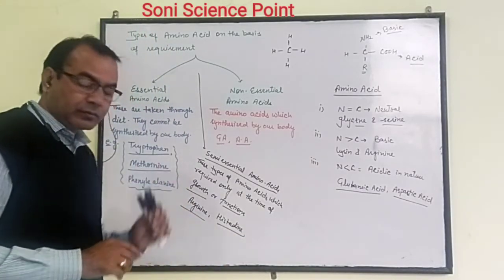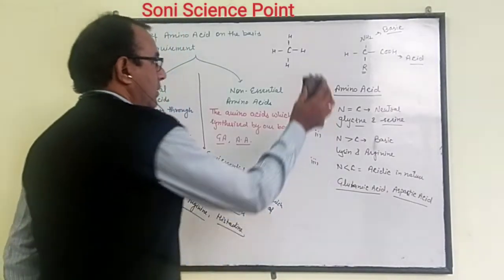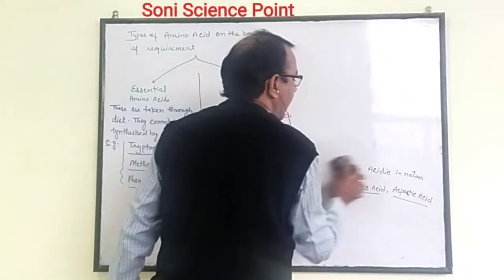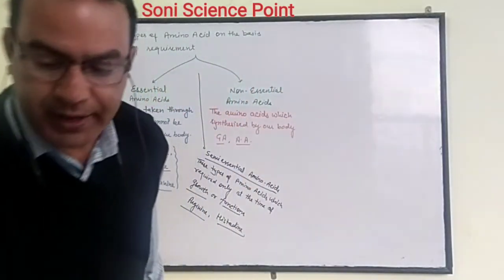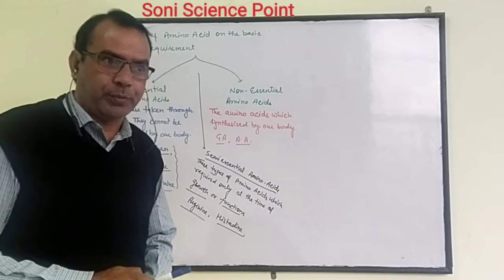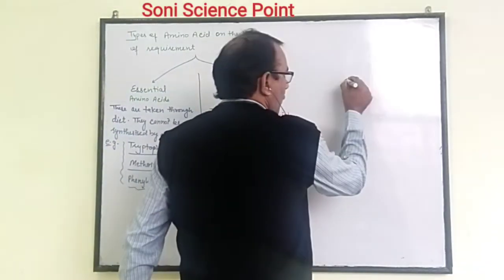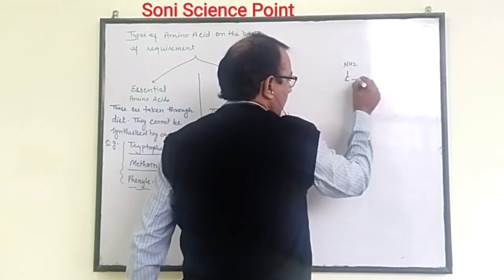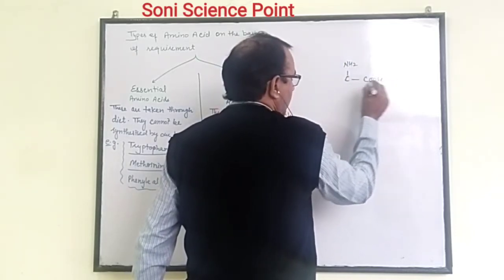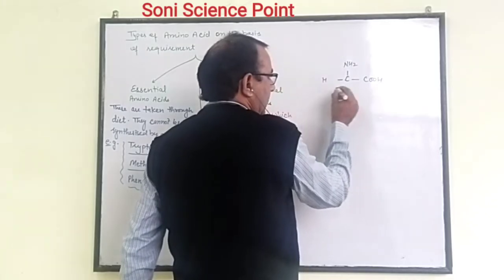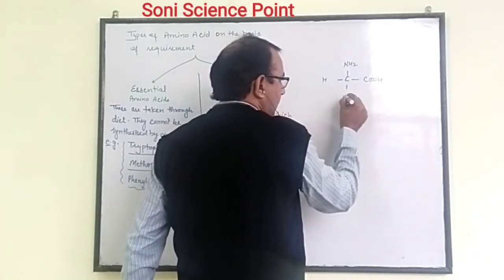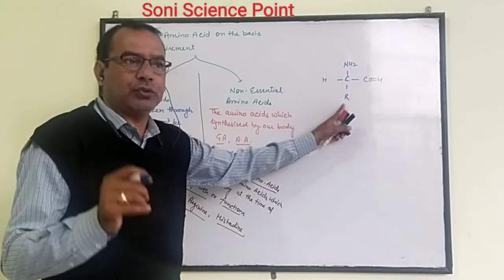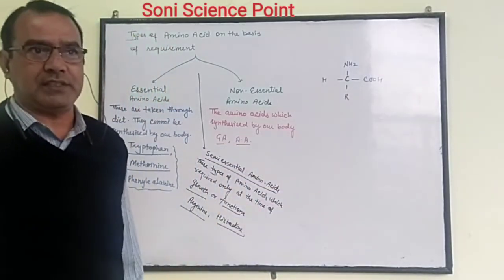our body. Clear? How can the structural formula of an amino acid be written? As we have discussed, an amino acid is a derivative of the methane group. One carbon atom is attached on one side with an amino group and on another side with a carboxylic group, the third side remains H and the fourth side remains another factor, R. This R factor shows the different types of amino acids.